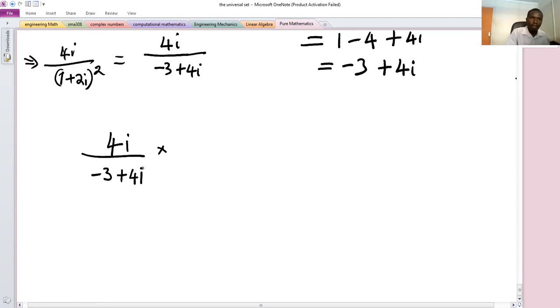Now we multiply the numerator and denominator by the conjugate of the denominator. So minus 3 minus 4i.